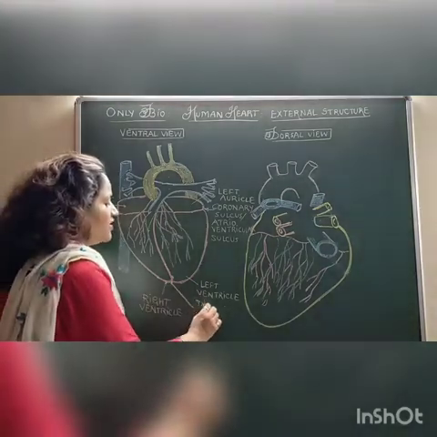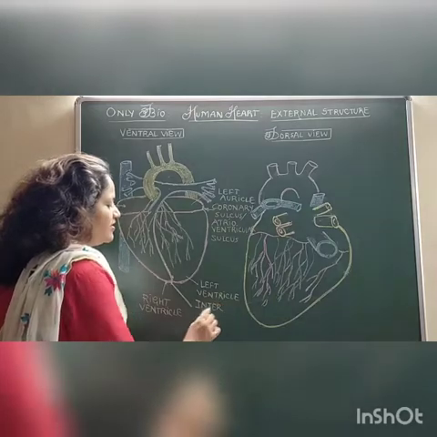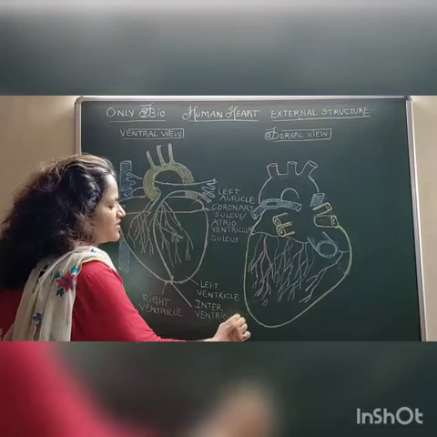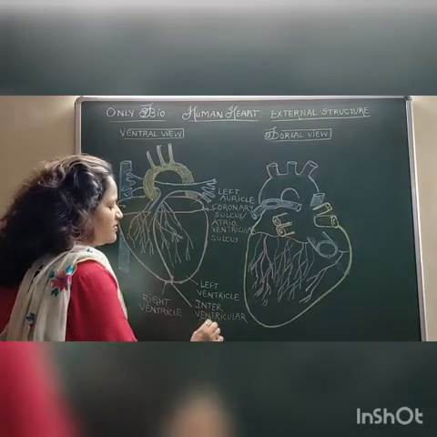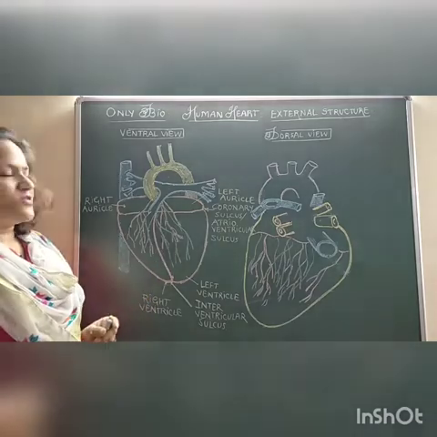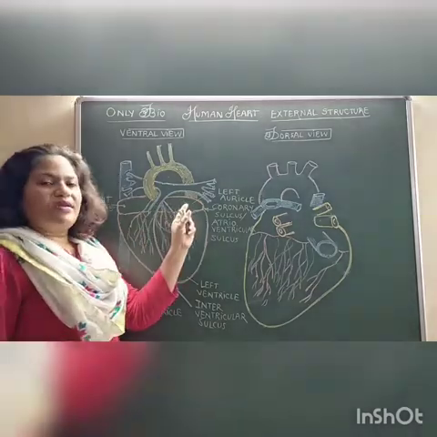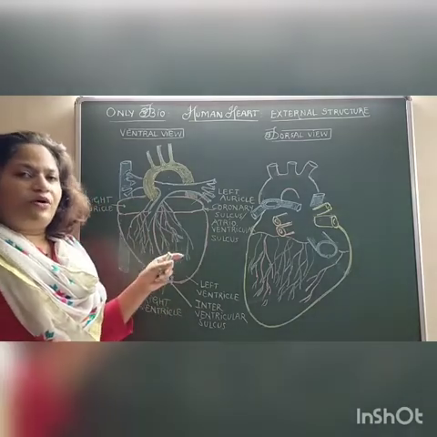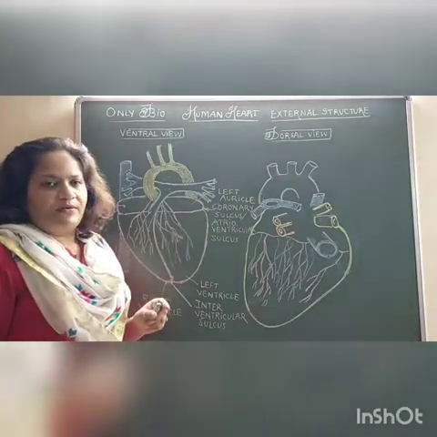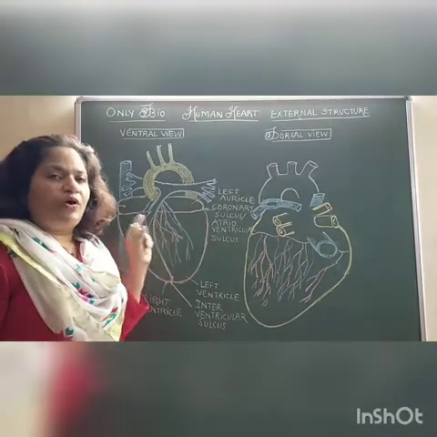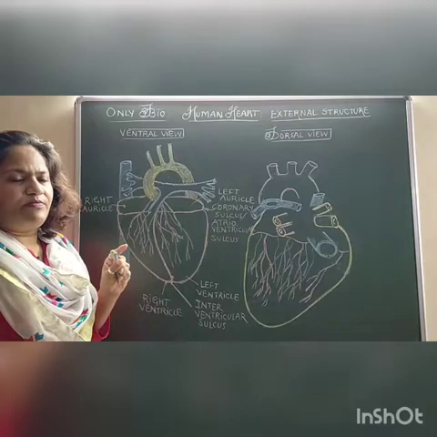This is called the interventricular sulcus. I repeat, it is the interventricular sulcus. Now, the left side of the heart overall deals with pure, that is oxygenated blood, and the right side of the heart deals with impure, that is deoxygenated blood.